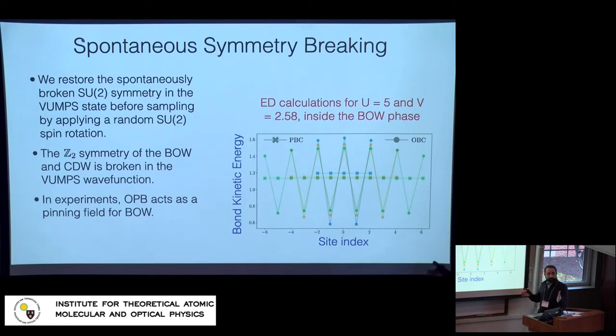These boundary conditions are basically pinning fields for your bonds, for the strength of your bonds. And so you can see in this simulation, the diagonalization of small chains, that if you have an even number of sites, which are these zigzag lines, the bonds, so this is the bond energy of the bond, you can see that at the boundaries you have the strong bonds.